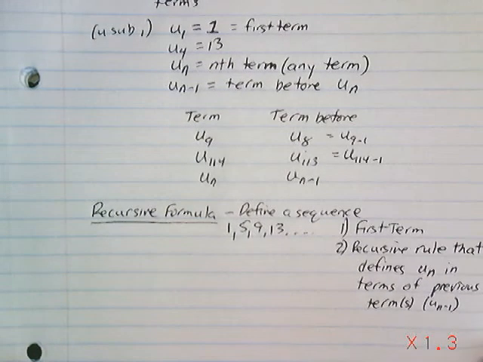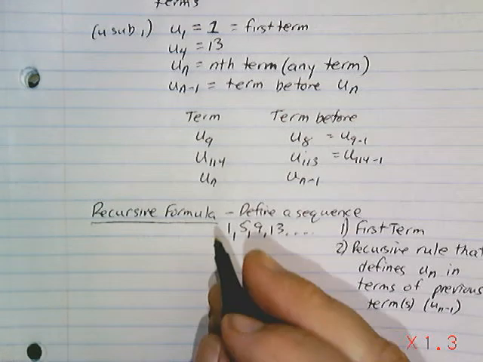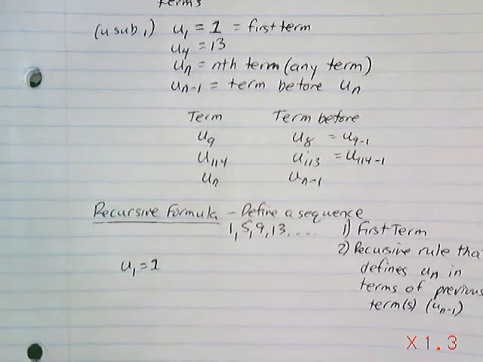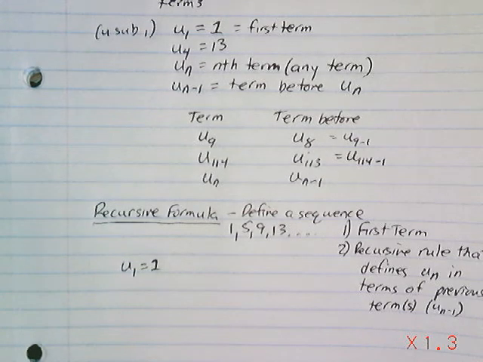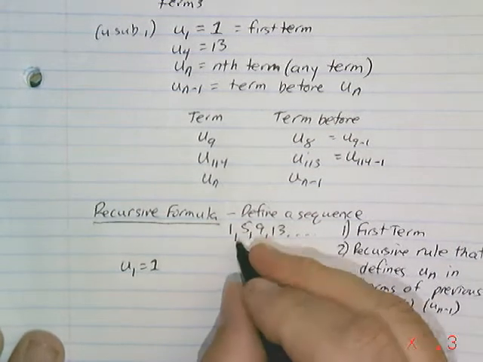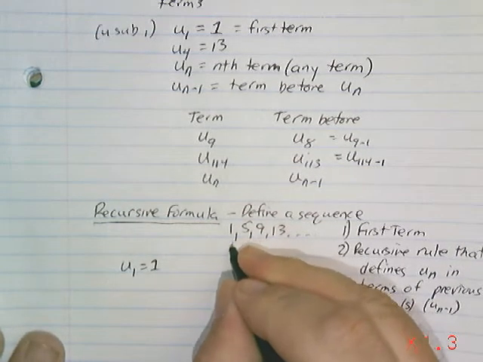If we look at this sequence, we are adding 4 each time. I'm adding 4, adding 4, adding 4. And so the pattern is the same as the original sequence that we did here. Well, if I only give you the pattern, now you don't know if I'm talking about the sequence 1, 5, 9, 13 or the sequence 14, 18, 22, and 26.